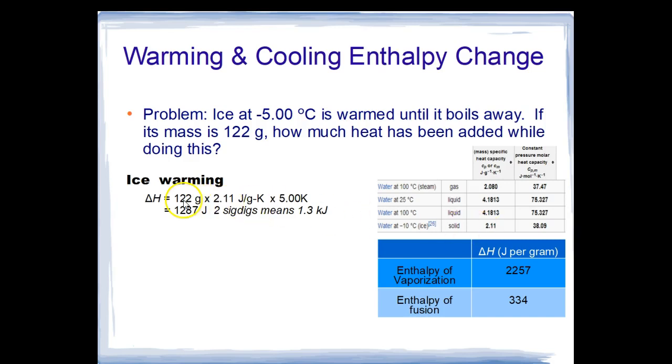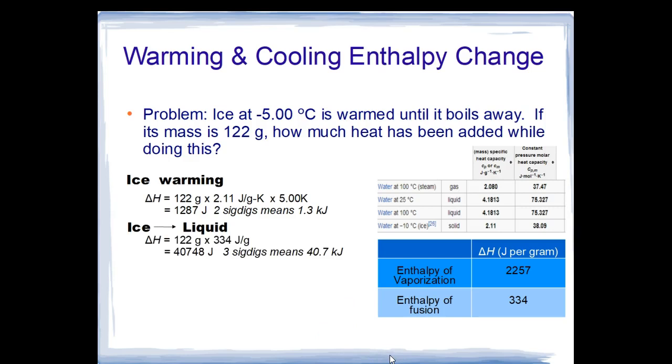When you use the formula, you come up with 1287 joules on your calculator. If there are two significant digits, that means 1.3 kilojoules. If there are three significant digits, it would be 1.29 kilojoules for the 122 grams.